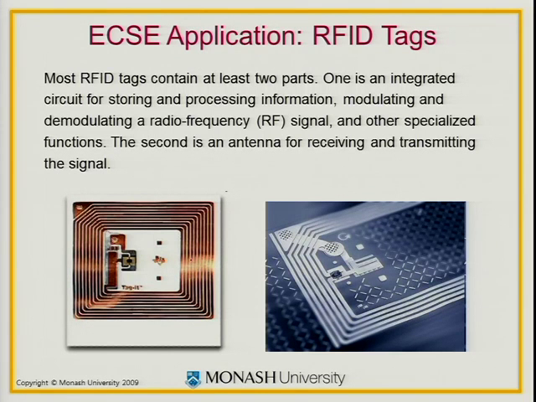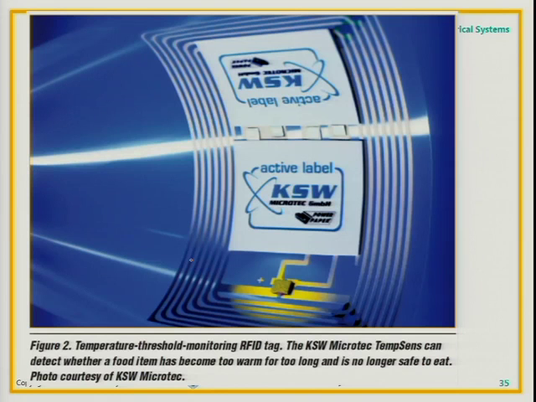We have a big activity in chipless RFID here in the department. There are some exciting applications. If you mix sensing ability with the communications and identification, it's really useful for food security and food safety. These ones here have temperature threshold monitoring, which can detect whether a food item has become too warm for too long and is no longer safe to eat.